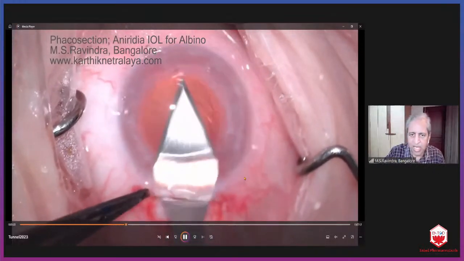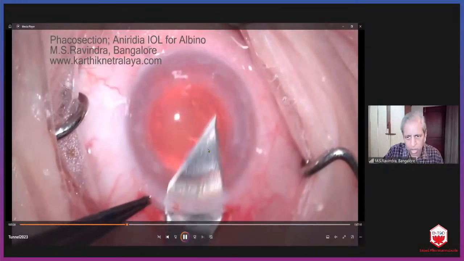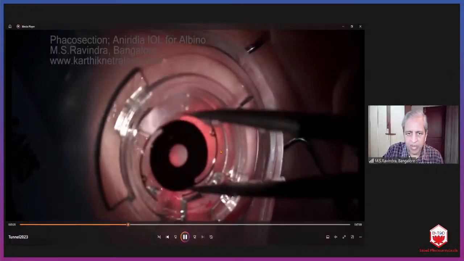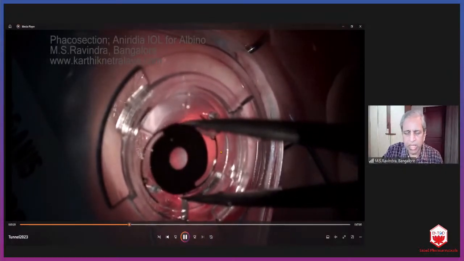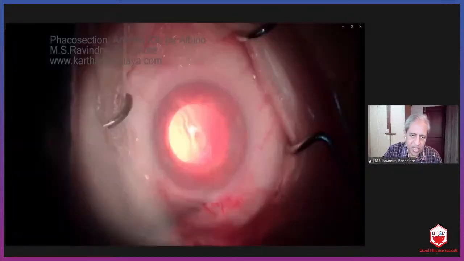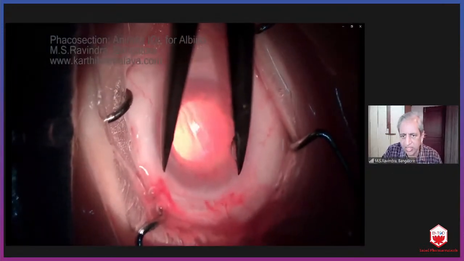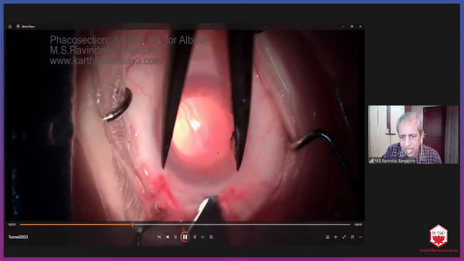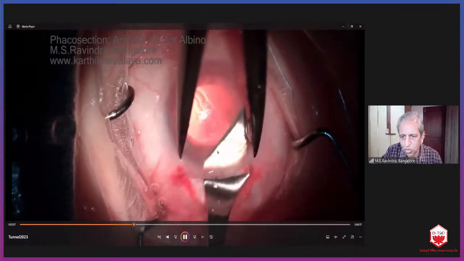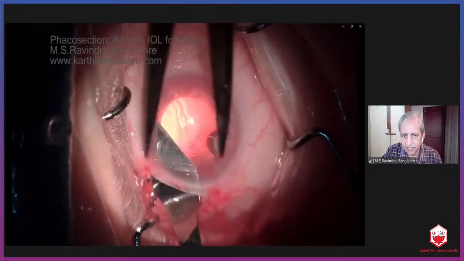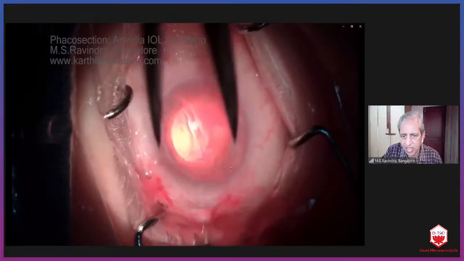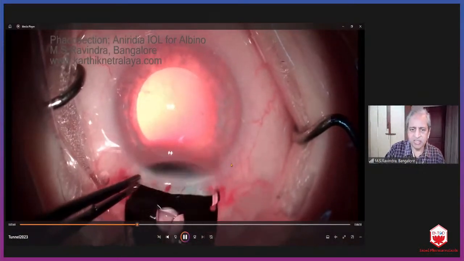I'm planning to put. This is an albino under topical anesthesia again, and I measure the maximum diameter of the aniridia lens. I use an aniridia lens for albinos, measure it, and extend the internal tunnel to suit the diameter of the lens. Then, see, this is a very versatile incision.